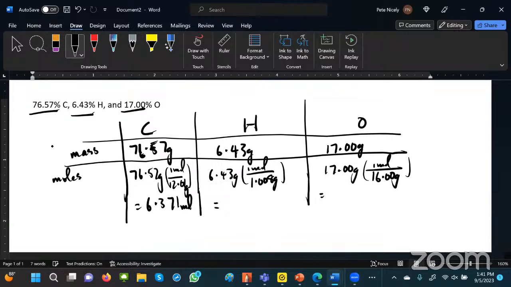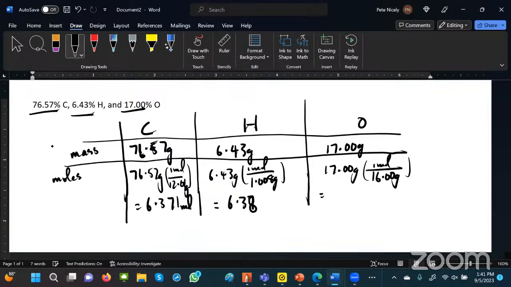And then in the case of hydrogen, I'll divide 6.43 divided by 1.008. According to my calculation, this works out to be equal to 6.3738, round off to 6.368.